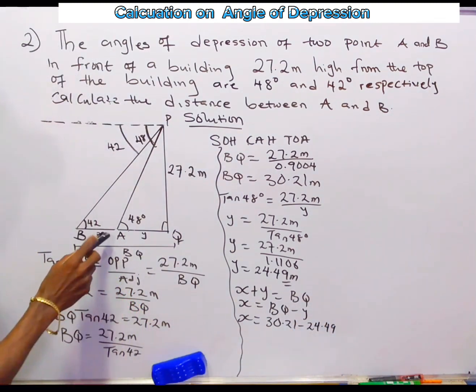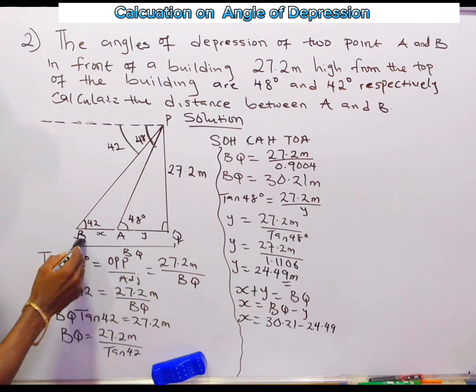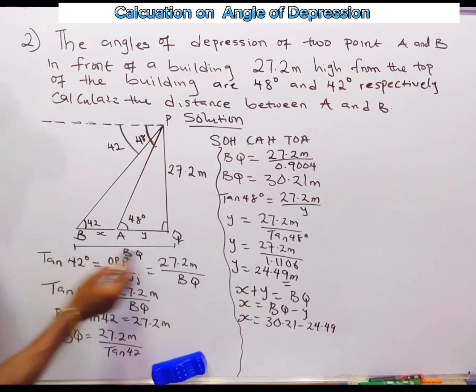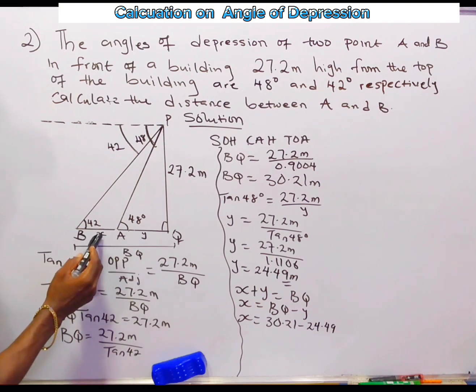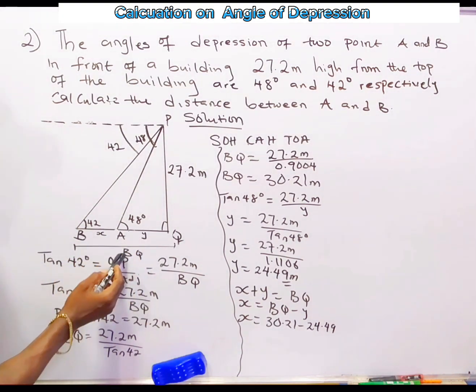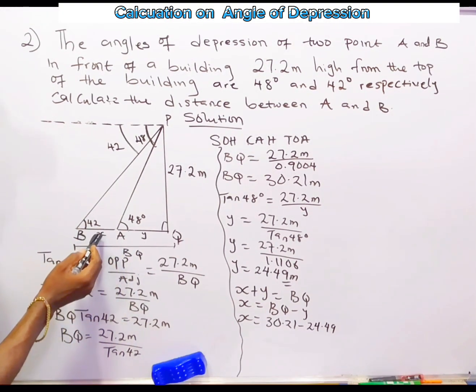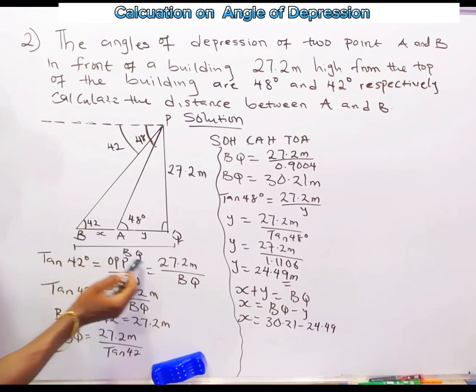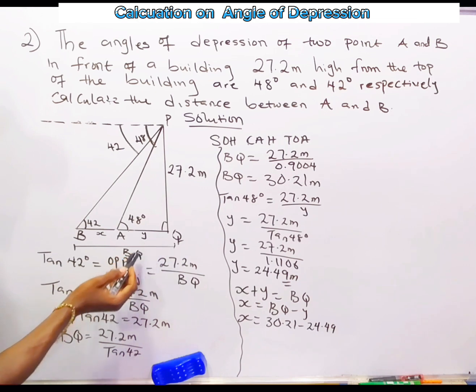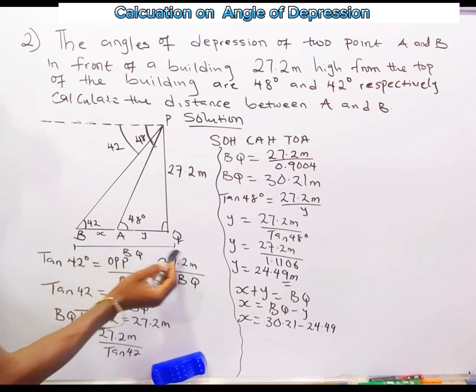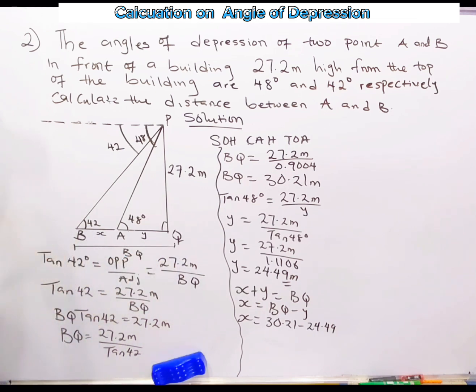When we add length AB and AQ, we get length BQ, which is length x plus length y. Since we are looking for part of length BQ and we have the other part, we simply subtract this other part from the total length to get length x.